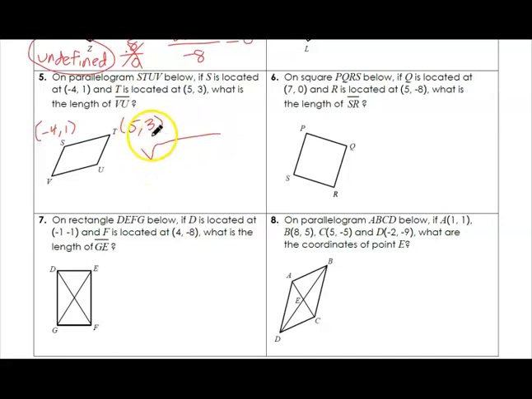So -4 minus 5 is -9 squared, plus 1 minus 3 is -2 squared. And so that's going to be the square root of 81 plus 4, which is the square root of 85. So VU length is the square root of 85.